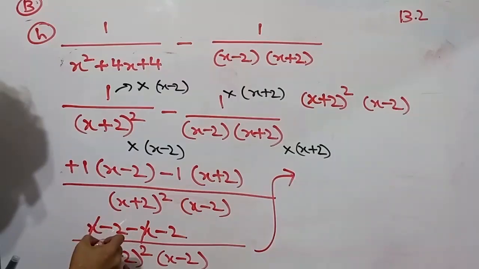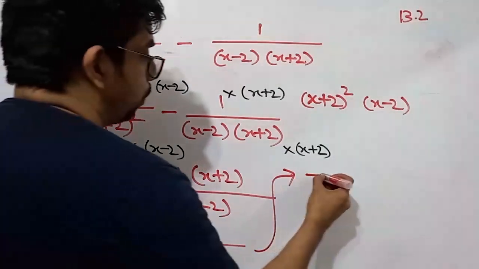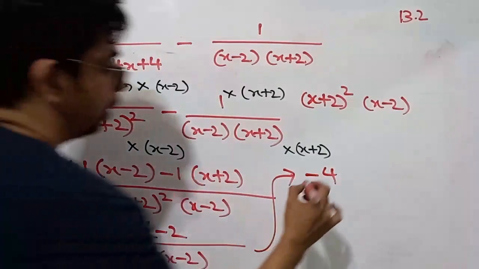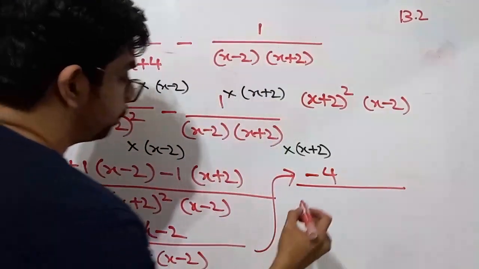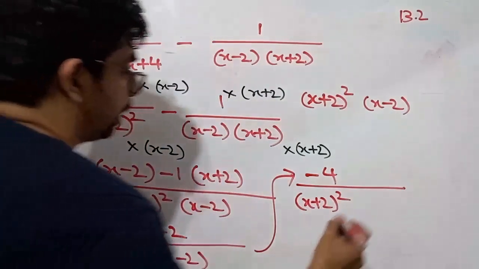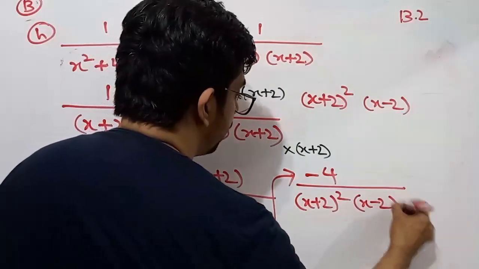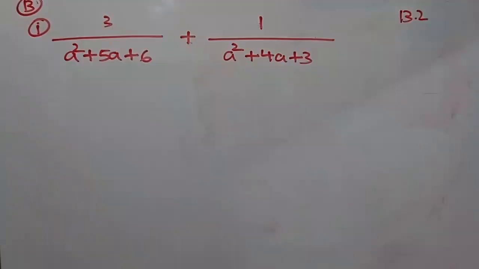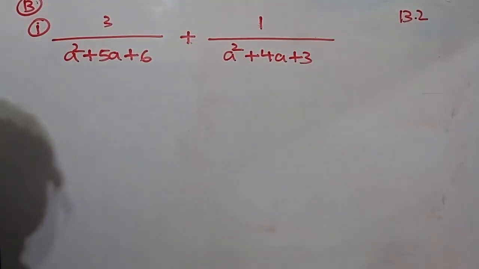Then minus 2, that means the outcome is negative 4, divided by x plus 2 entire expression squared into x minus 2. So that's the answer.